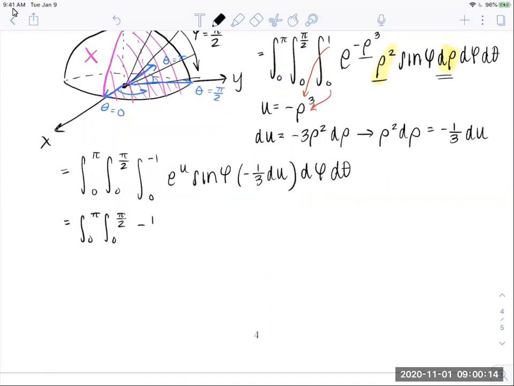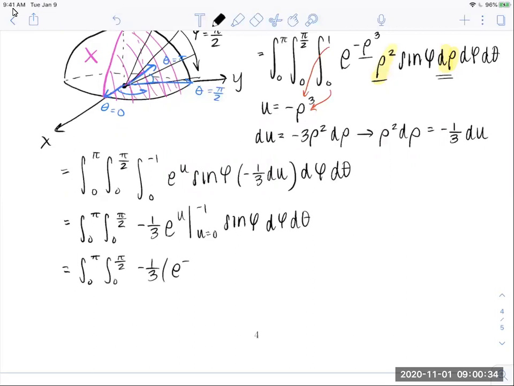So I have a negative 1/3 e to the u, where u is ranging from 0 to negative 1, of sine phi d theta. So that's a negative 1/3 e to the negative 1 minus 1, since e to the 0 is 1.